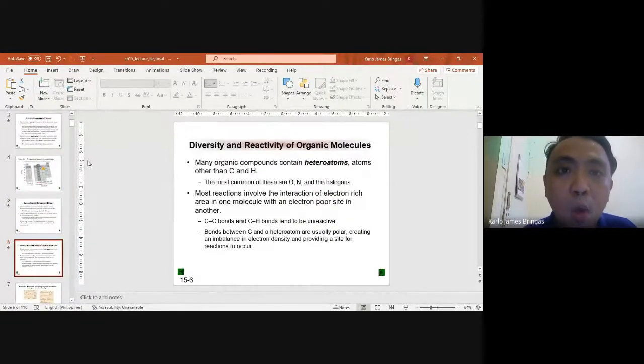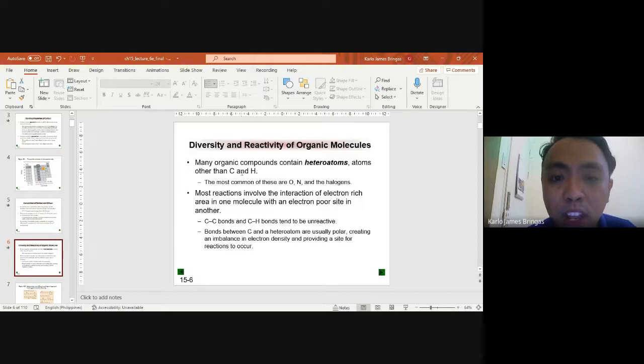So aside from the hydrocarbons that were pointed out earlier, there are also other organic compounds that contain heteroatoms. Heteroatoms, so these are the atoms that are not carbon and hydrogen.